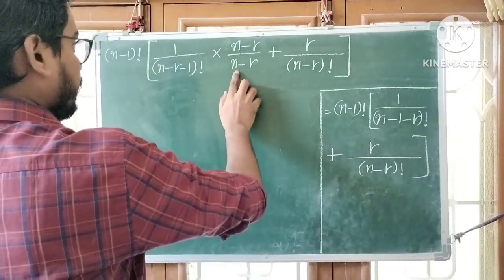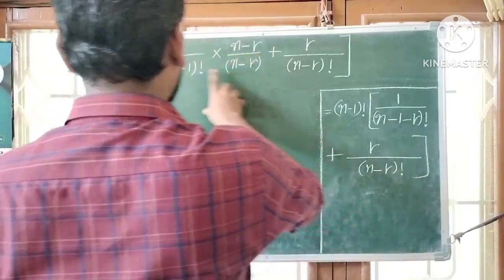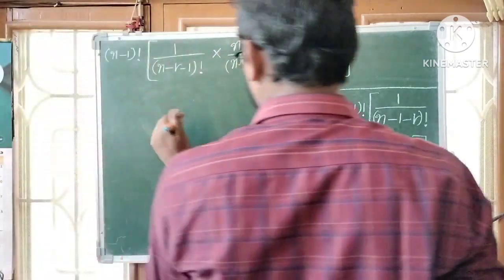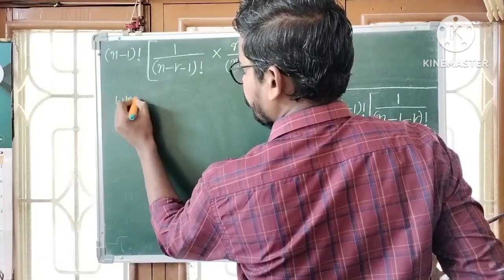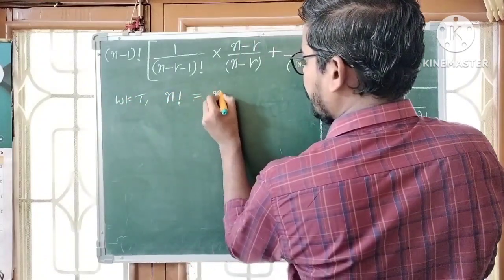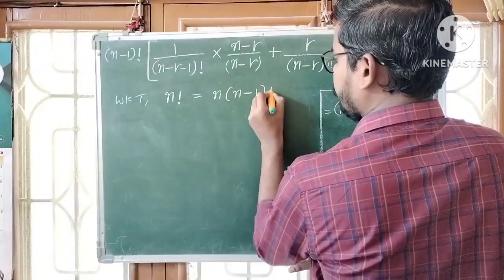Why? How? Here the denominator is n minus r minus 1 factorial. We know that n factorial is equal to n into n minus 1 factorial.